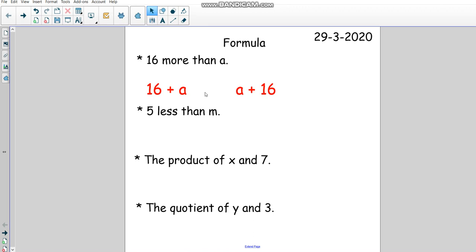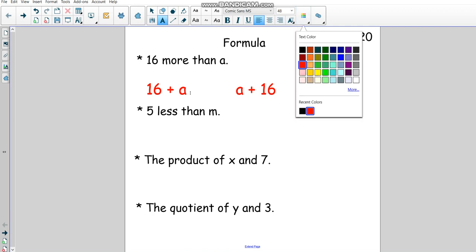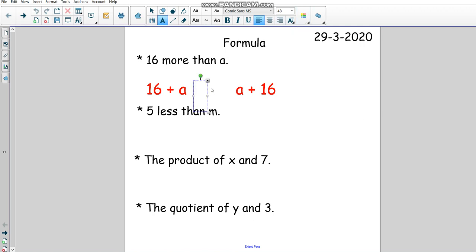And that's why you can write your expression, whether 16 plus A or A plus 16. Both will be the same and correct.